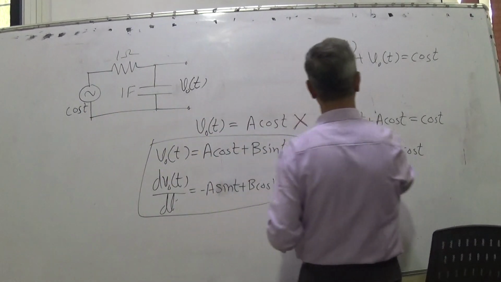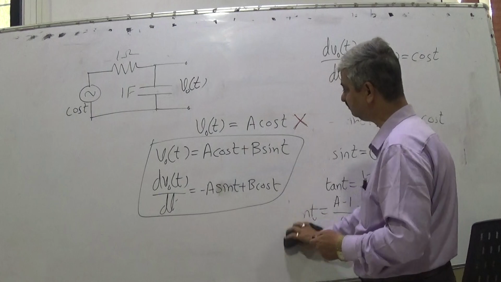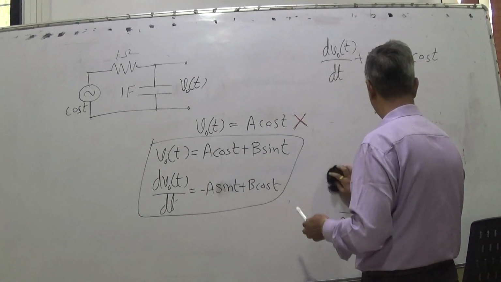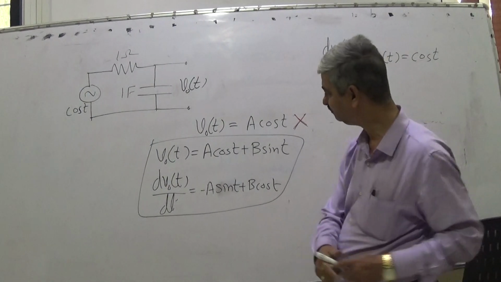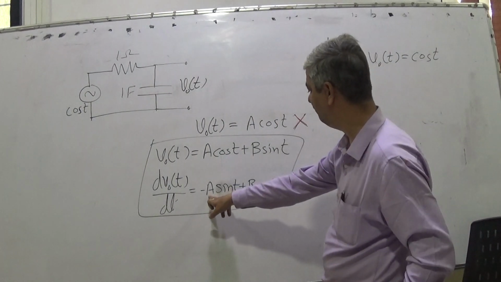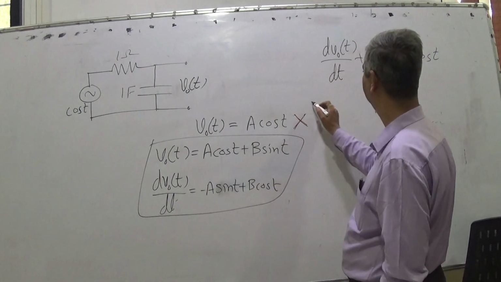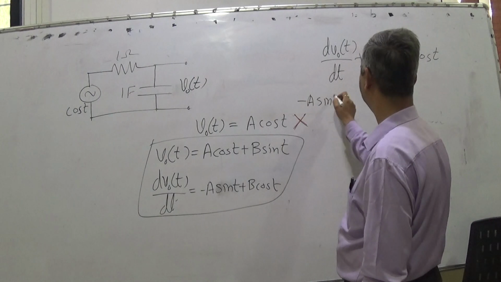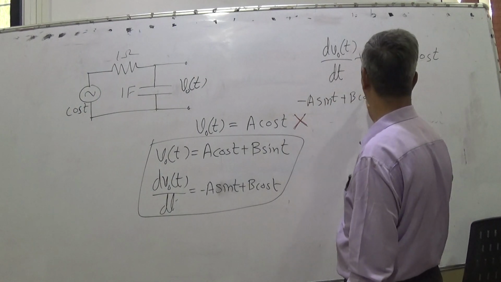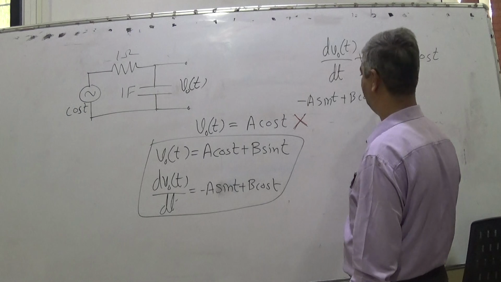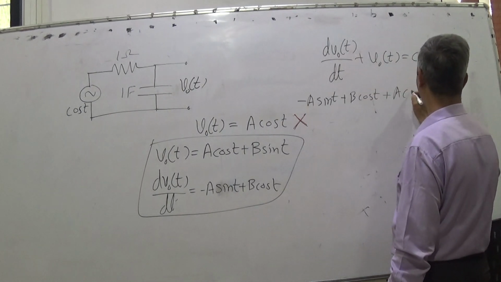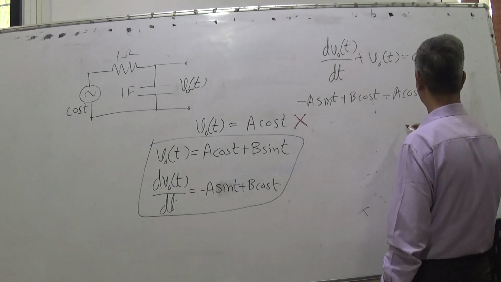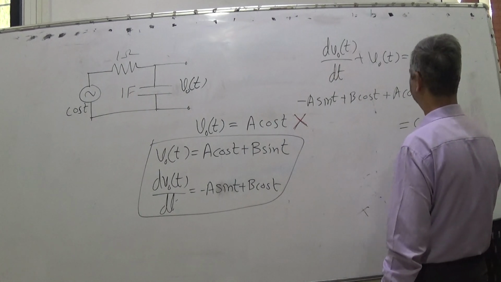By putting these two values in this differential equation, what we get is minus a sin t plus b cos t plus a cos t plus b sin t, that is equal to cos t.